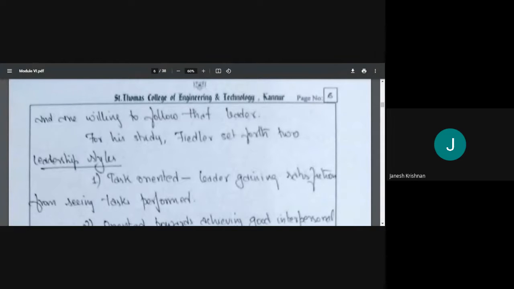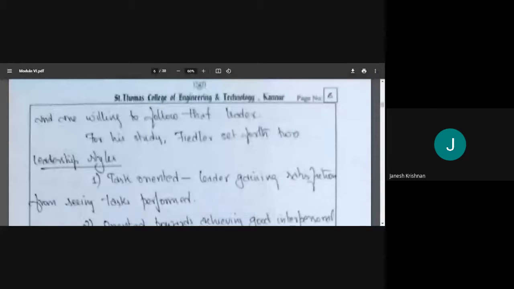The first one is position power, the power given to you by the position, which will make people follow you. The more clear and the greater the power, the more followership, and it's easier for you to garner followership than for a person who does not have the power.